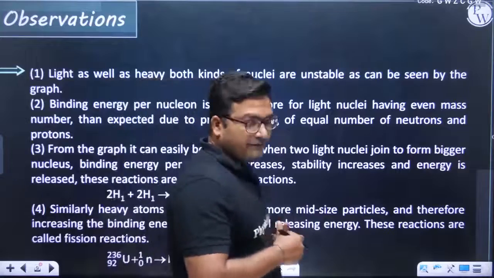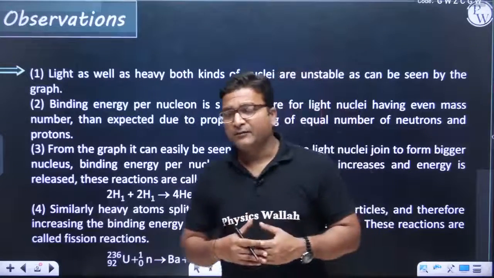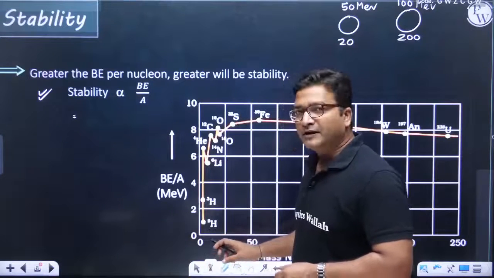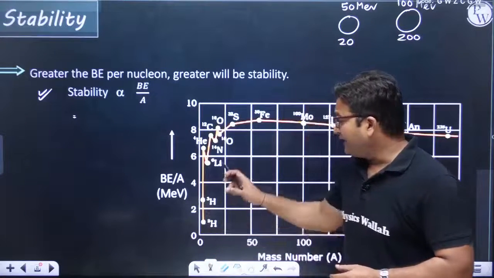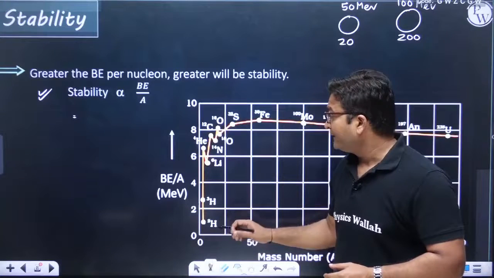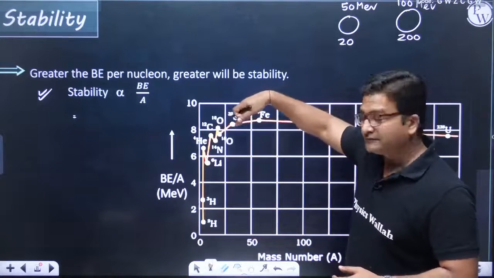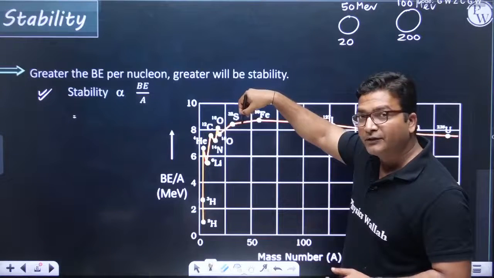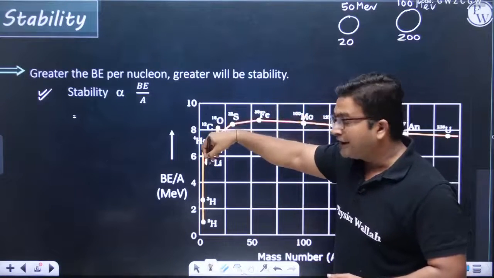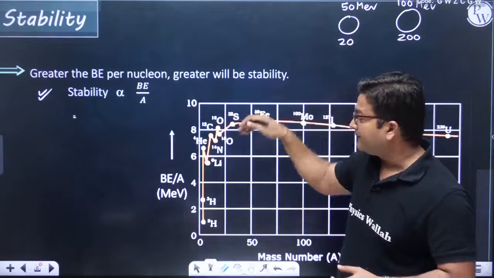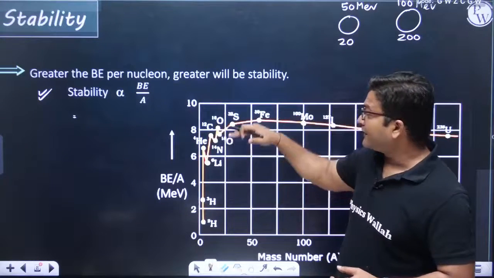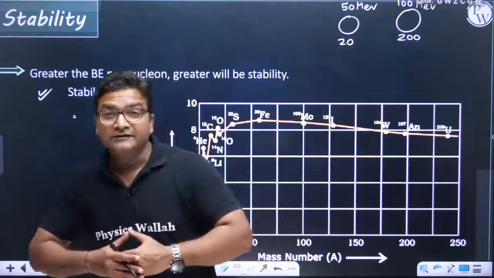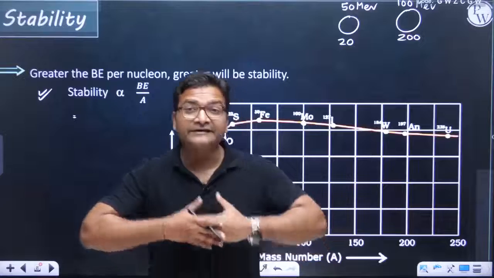The next point, you can easily see from the graph that if two light nuclei combine, they can form a middle sized nucleus. And if two light nuclei combine to give a middle sized nucleus, and binding energy per nucleon is increasing, this process releases energy.